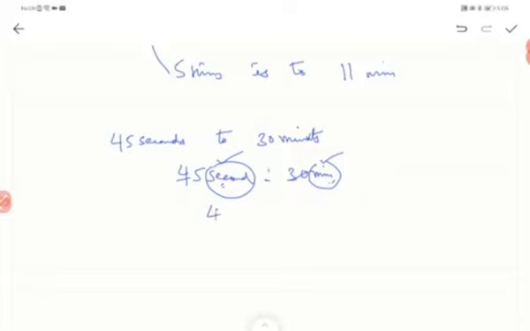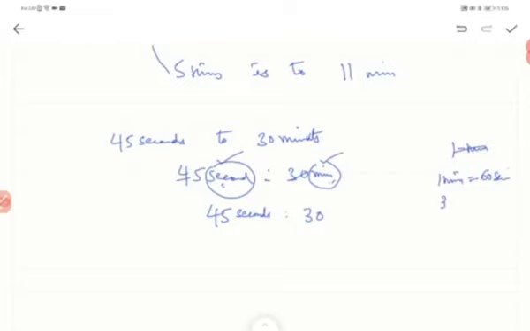Okay, so I have 45 seconds is to 30 minutes. I can convert this 30 minutes into seconds. So 1 minute is equal to 60 seconds, isn't it?